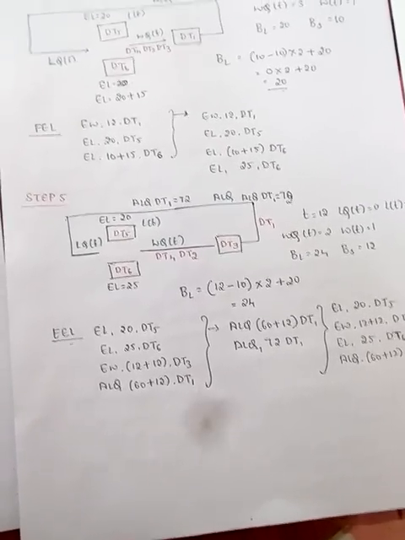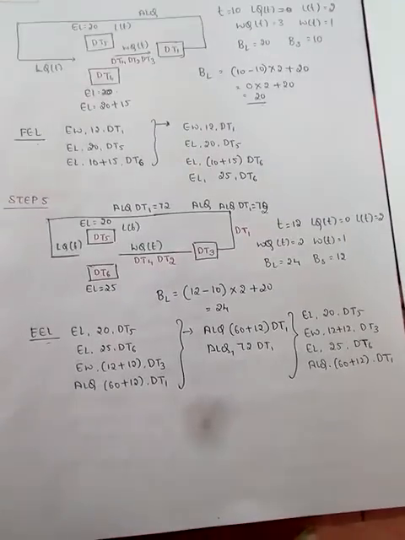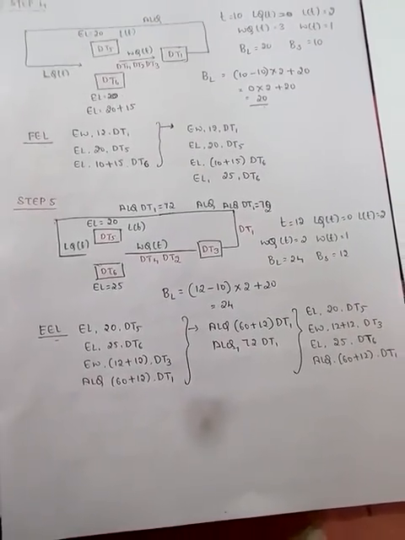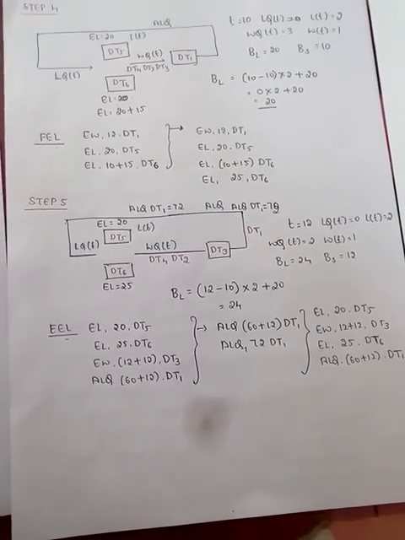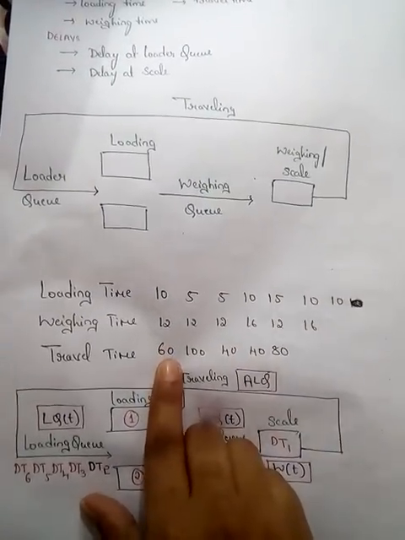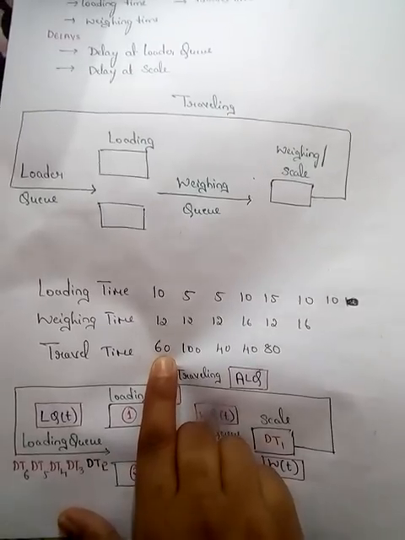Then ALQ. The value of my DT1 was 12 previously, plus the ALQ, the first value of arrive at loader queue. At that time you have to check your traveling time. The first value of DT1 was 60.